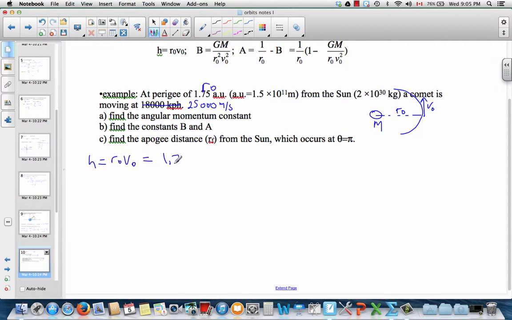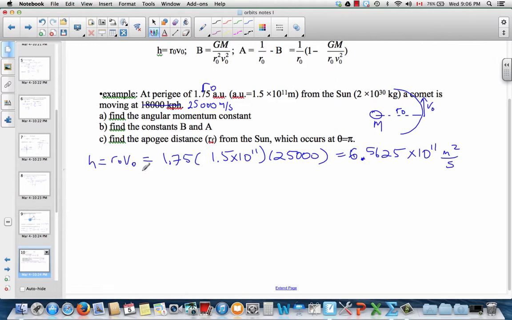So that's 1.75 times an astronomical unit times the given speed, and these are in meters and meters per second, and that works out to 6.5625 times 10 to the 11 meters squared per second. So this is an angular momentum, but it's angular momentum per unit mass, and it's a constant for the orbit.